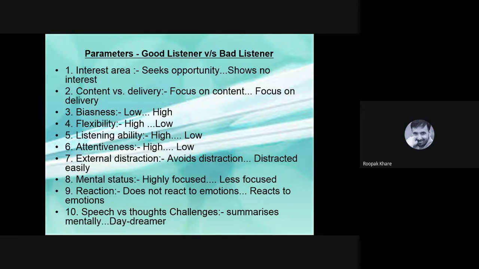People who don't react very easily to every emotion are good listeners. People who react very easily, very quickly, very often are bad listeners. People who are able to summarize things mentally are good listeners. And people who are sitting at some place hearing something but do not understand or absorb it are daydreamers and bad listeners.